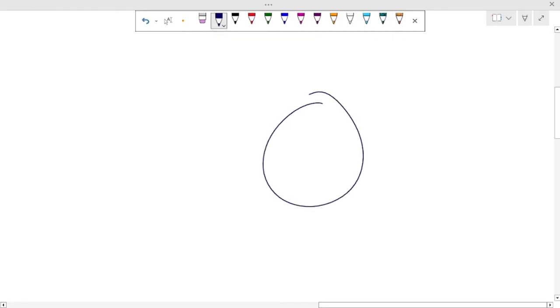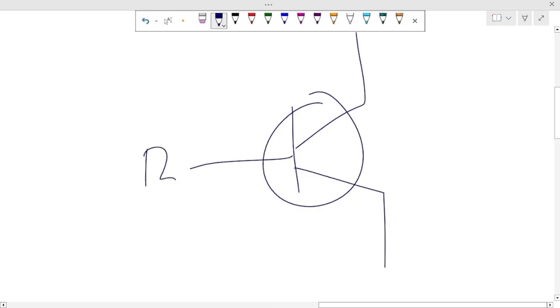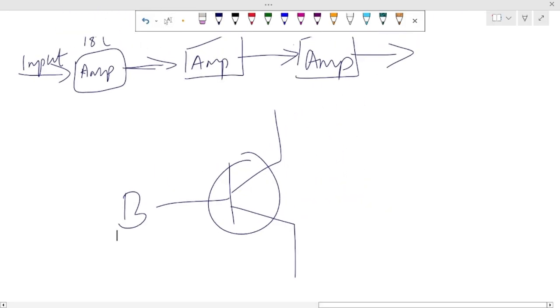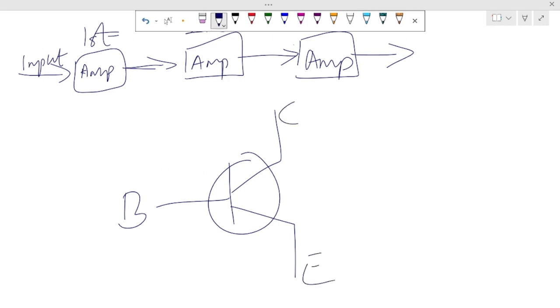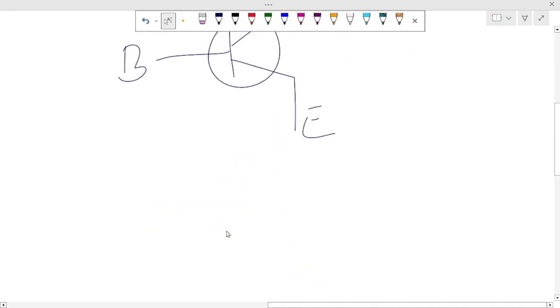You have it like this. This is the base, here we have the collector, and here we have the emitter. Okay, so this is a bipolar junction transistor.